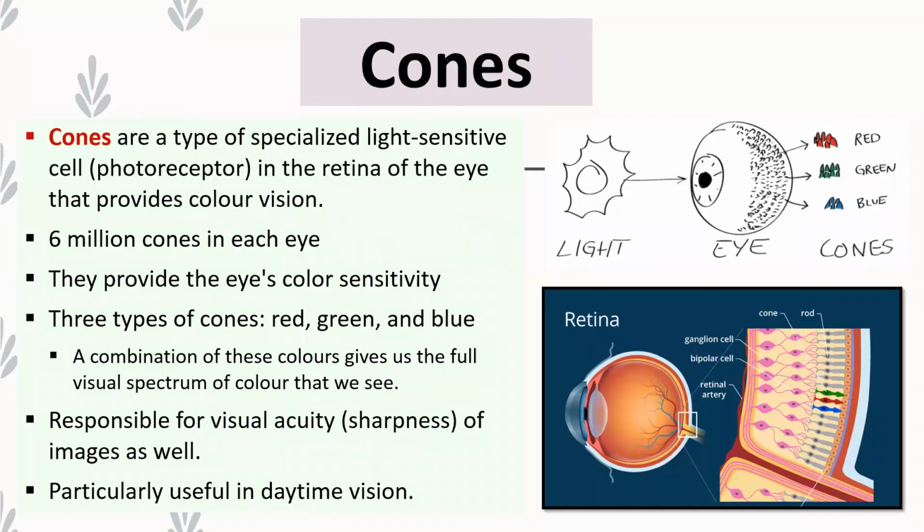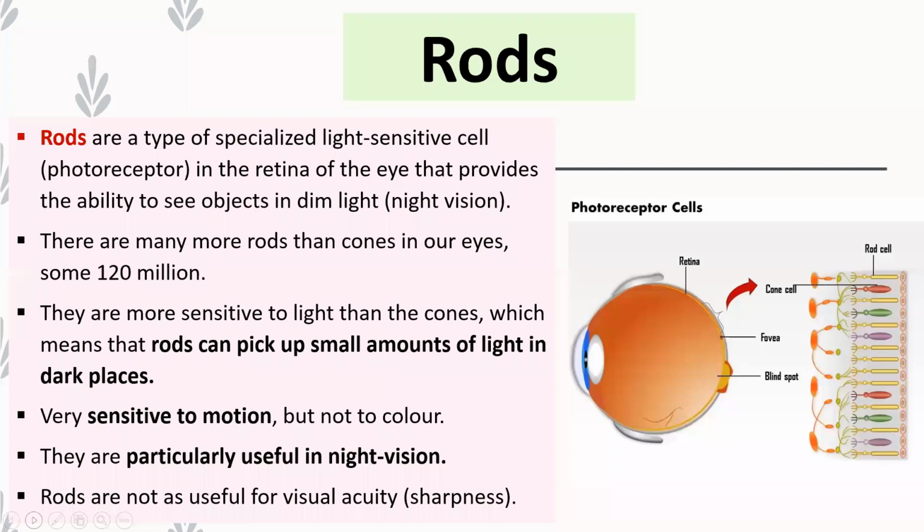Now we're going to try to understand what rods do. Rods are again a type of photoreceptor, or light-sensitive cell, in the retina. They're located at the back, as I showed you before, and they allow us to see objects in terms of brightness. So they're really important for night vision. If you go outside in the middle of the night, it's not very well lit or bright.